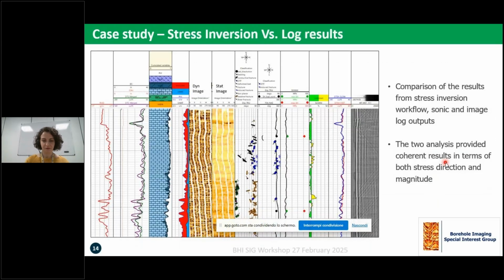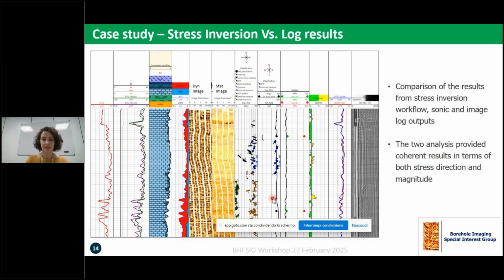In fact, we compared the information from the stress inversion workflow performed on this well with the information from both sonic and image logs.